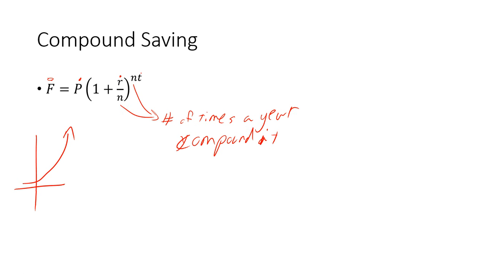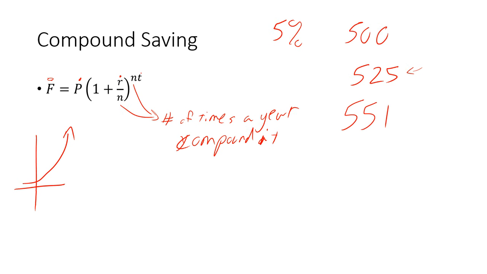And what compound interest is doing is that if we do the same thing, that 5% for $500, after the first year, it's going to be the same amount as in simple. It's going to be 525, the gain of 25. Now, for the next one, if it's compounded annually, it would be 5% of this amount, of this 525, which ends up making you about $551 and about 67 cents, somewhere around there.